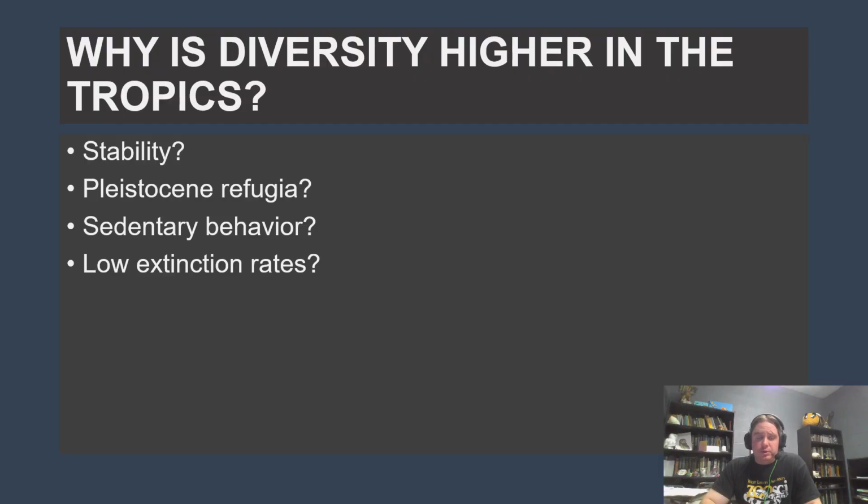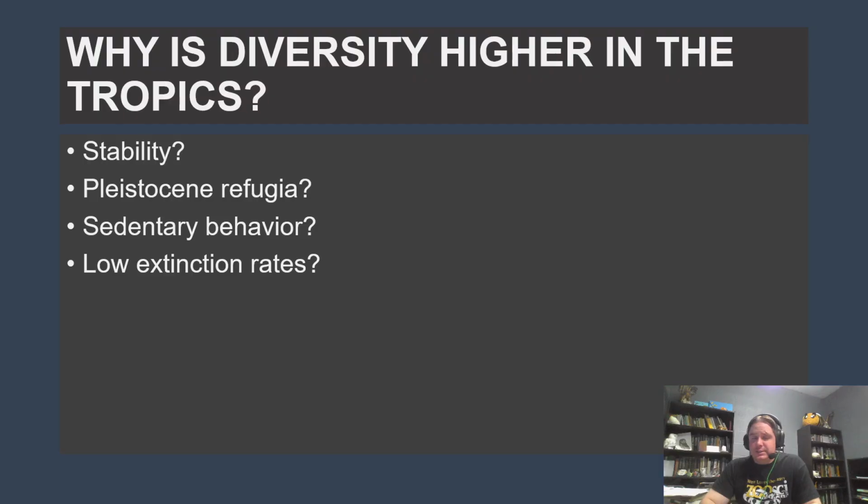There were times in the past where the tropics were much cooler than they are today, for example, where the predominant vegetation climax community would have been like a savanna or something like that. So that's probably not the reason, though it may be contributing a little bit to it.